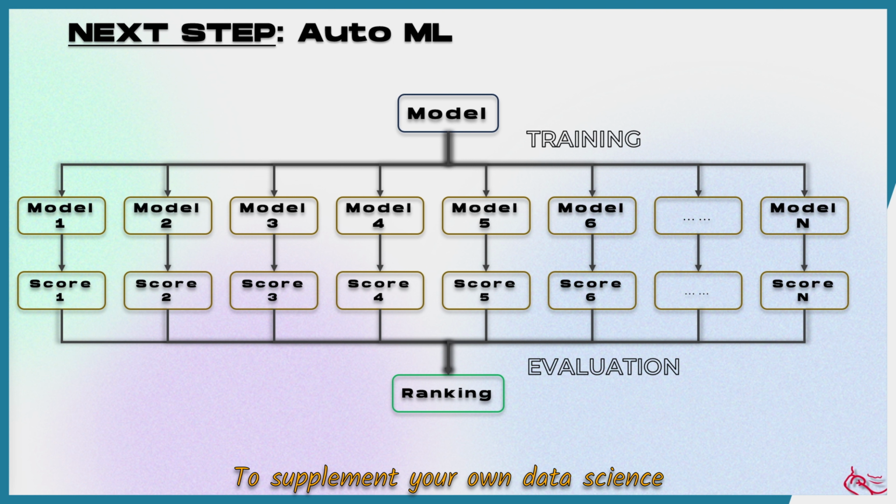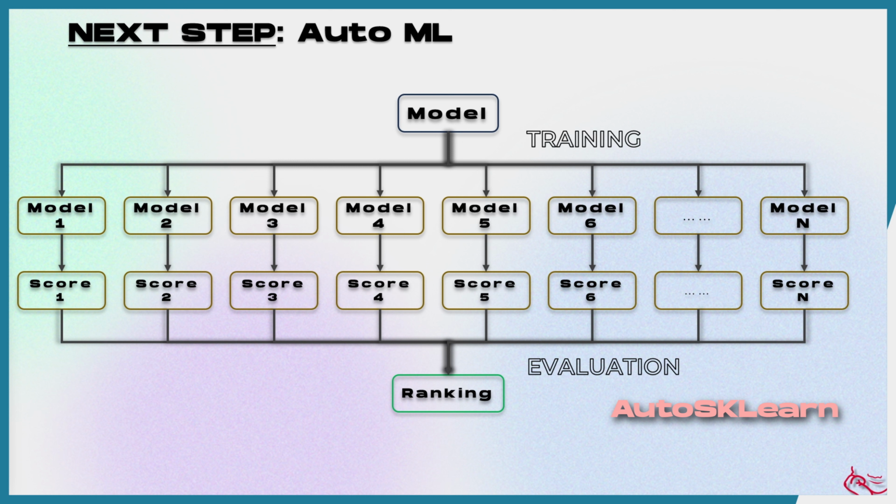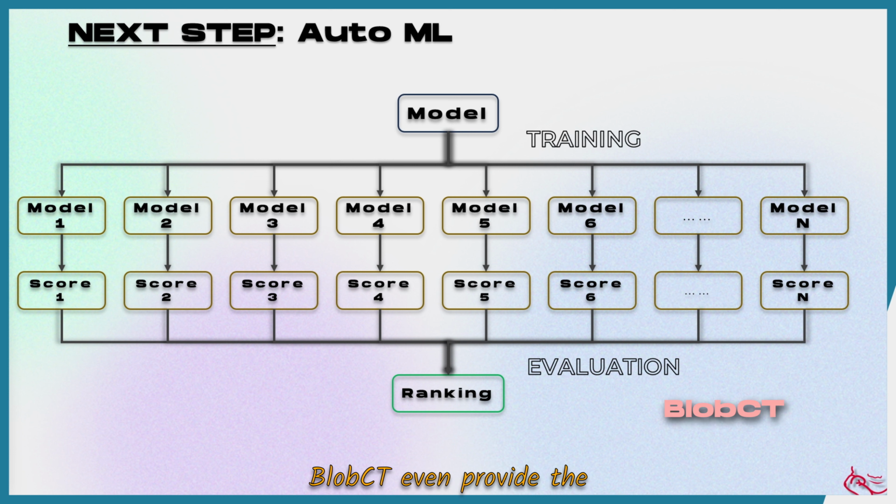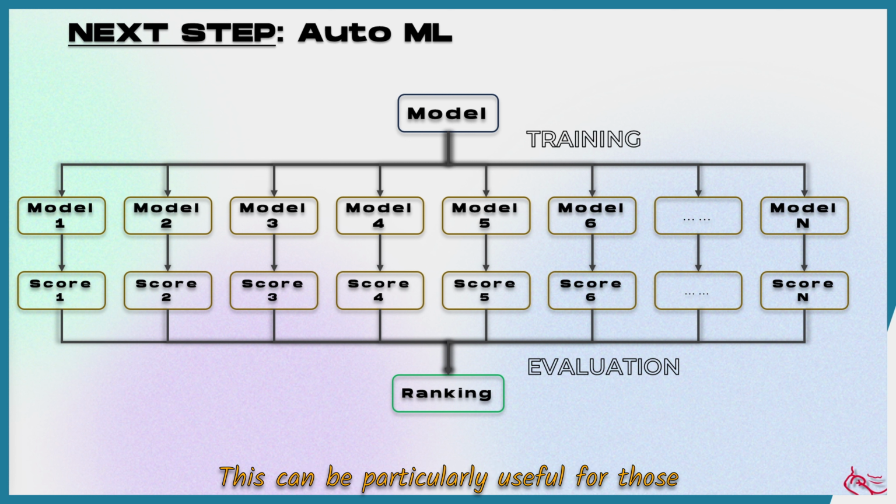To supplement your own data science efforts, you can utilize free libraries such as Auto-sklearn, AutoKeras, or the commercial version of H2O.ai. These libraries will train models on your dataset, evaluate their performance, and rank them based on accuracy score. This can be a helpful tool for narrowing down your model selection. Furthermore, some AutoML libraries like BlobCity even provide full source code for model building. This can be particularly useful for those who want to fine-tune parameters and have more control over the development process.